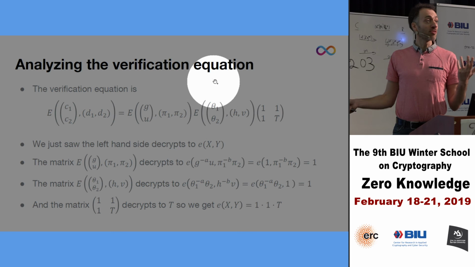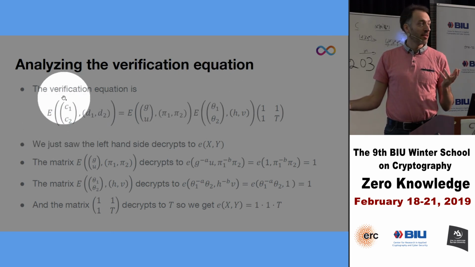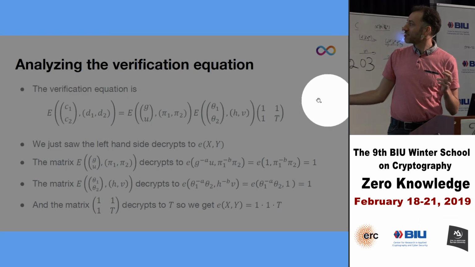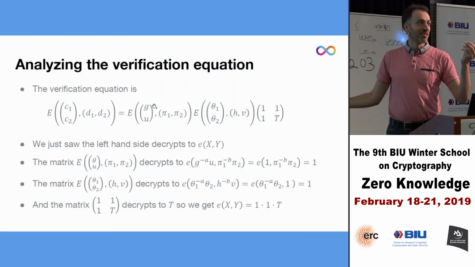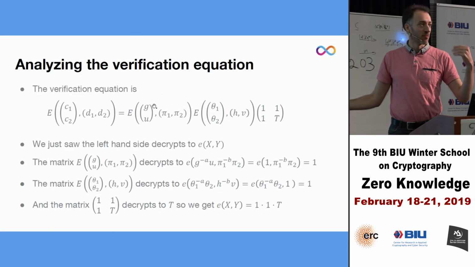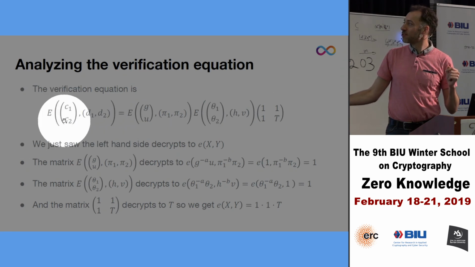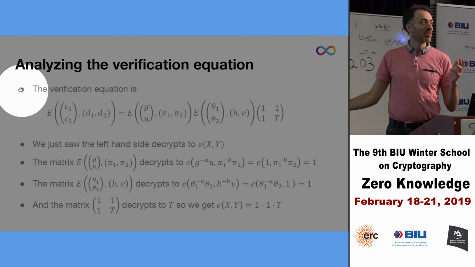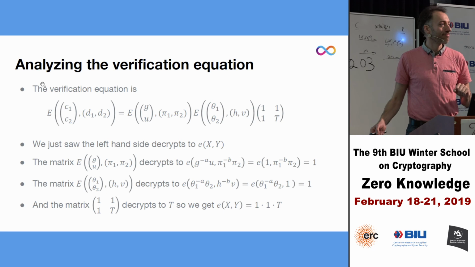So the only interesting things left are the ciphertexts that encrypt x and y, and the target element over here. And that's where we get the matching. Why is it that the pairing of x and y, the secret plaintext, is t? That's because these are the only 2 parts of the verification equation that contain some interesting information that doesn't trivially decrypt to 0. Yes?